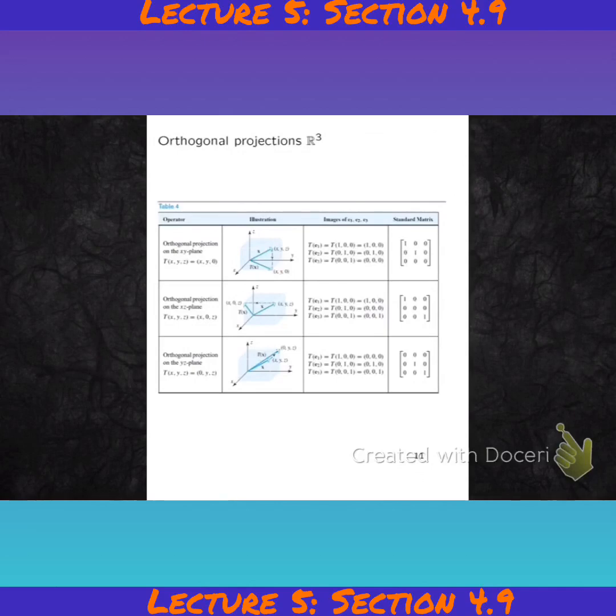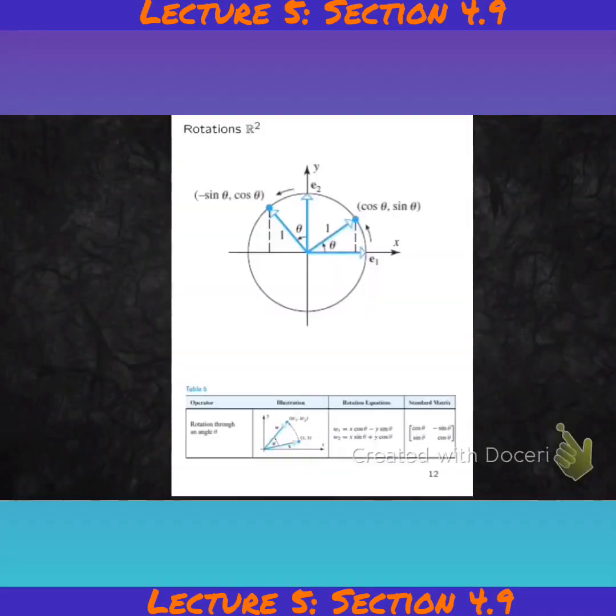And if it's on the yz plane, you're making x 0. Again, it is a case of identifying the values you find when you apply T to the standard unit vectors, and that is what is going to determine your standard matrix.